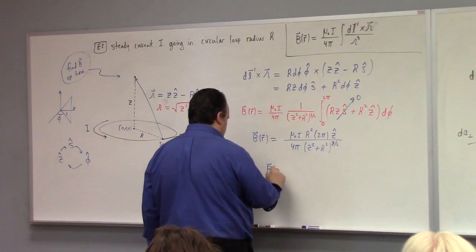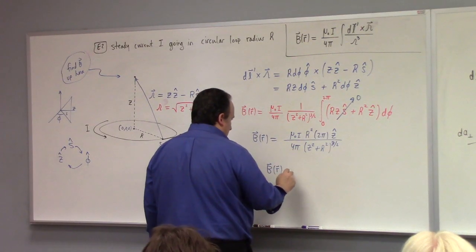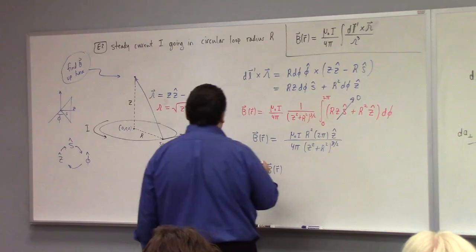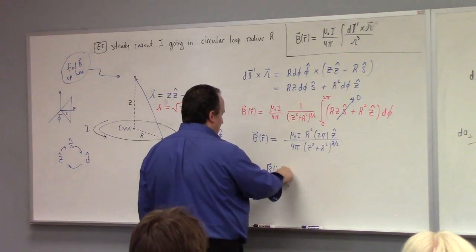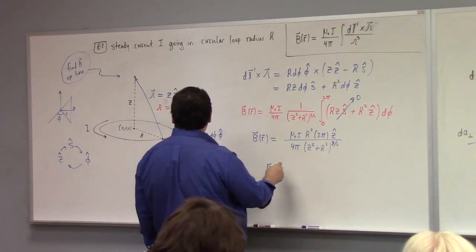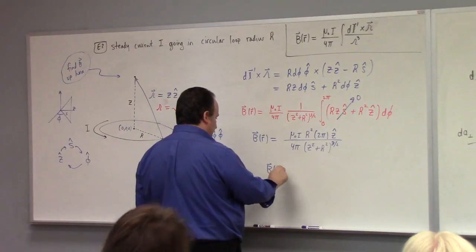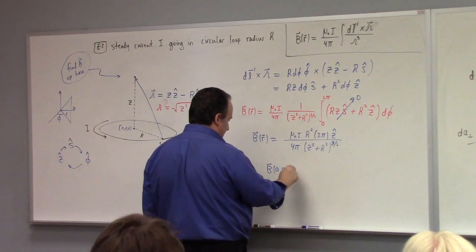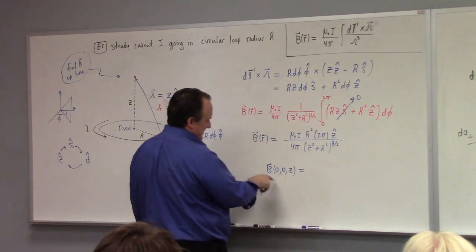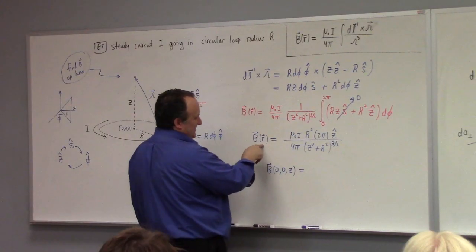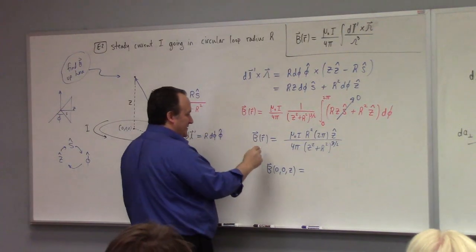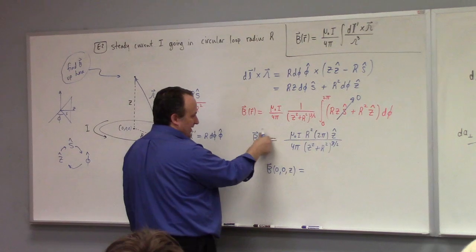We have the magnetic field, and I say at r, that's totally bogus. This is the magnetic field where? It's the magnetic field specifically at 0, 0, z, right? This is false advertising right here. All right, I'll erase that.